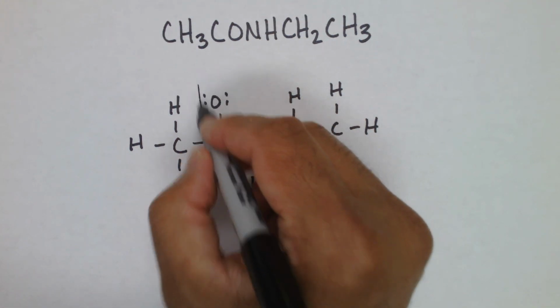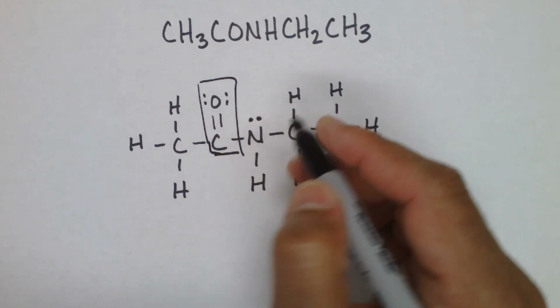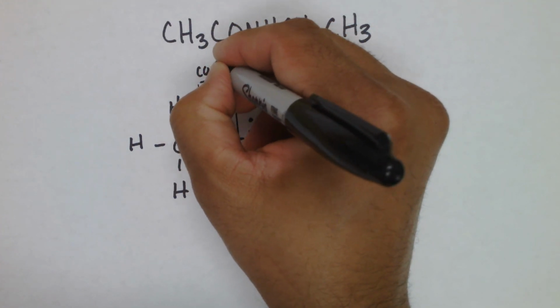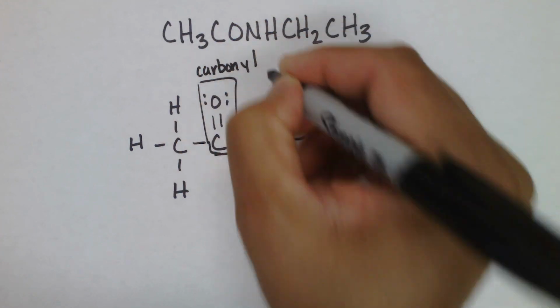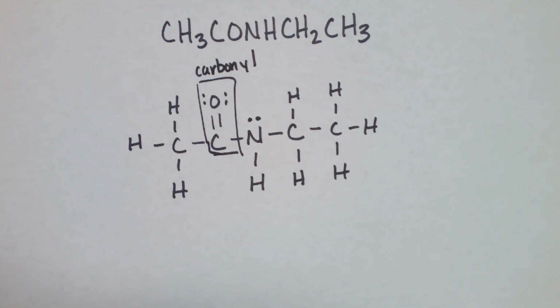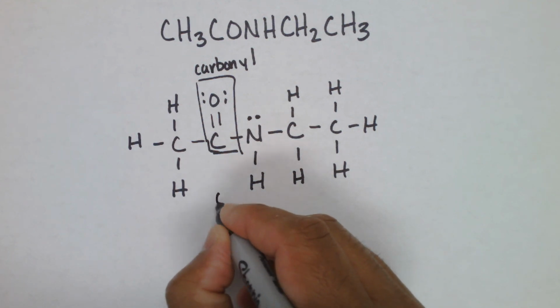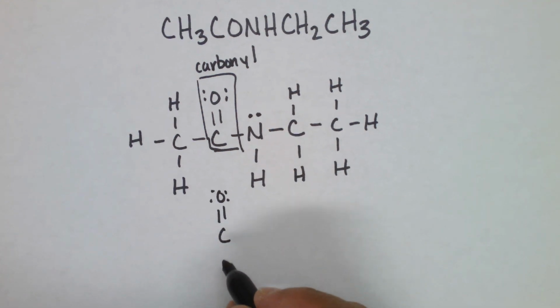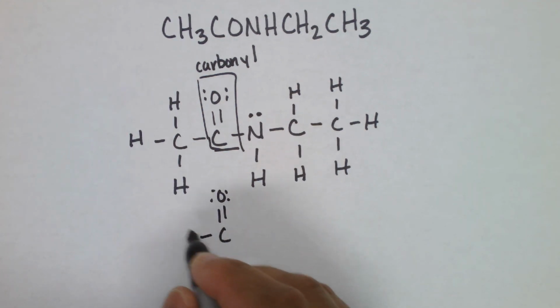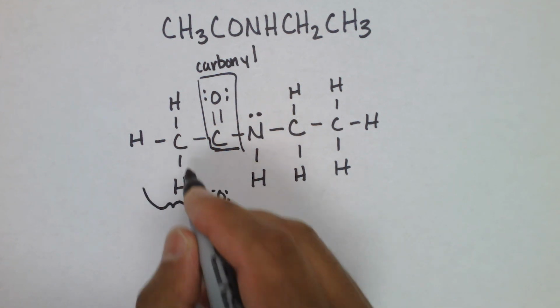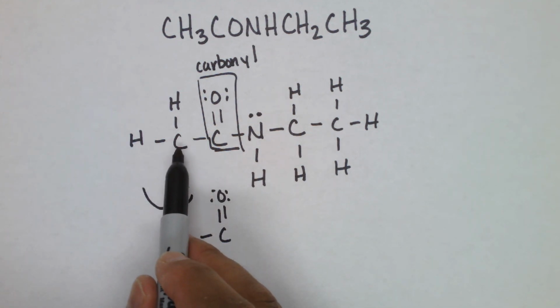So back to the carbonyl functional group. The carbonyl functional group is always part of some bigger functional group. So right here, we have a carbonyl bonded to an R group. Remember, R is just some carbon atom.